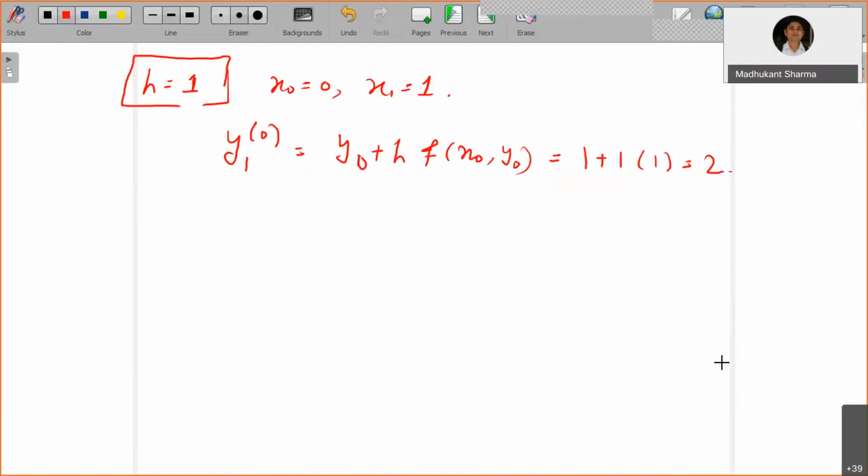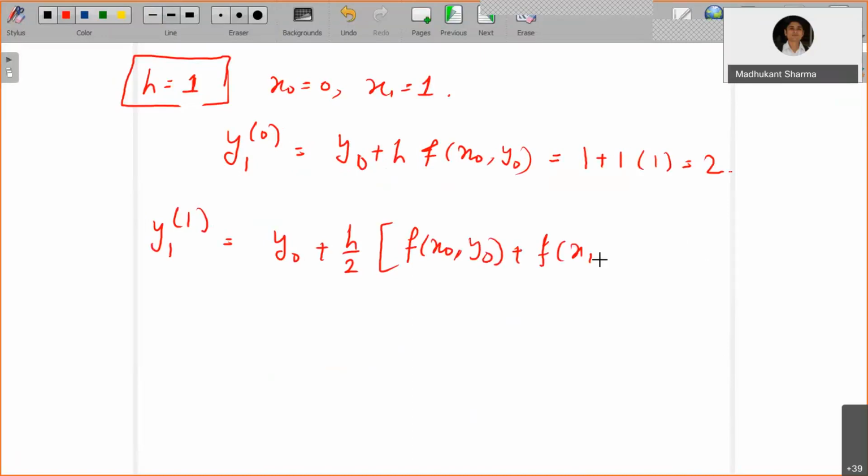Now I want to correct it by using this. So y1 of 1 is equal to y0 plus h by 2 times f of x0 comma y0 plus f of x1 comma y1 of 0.